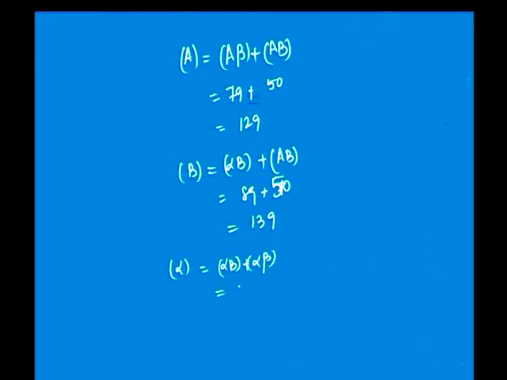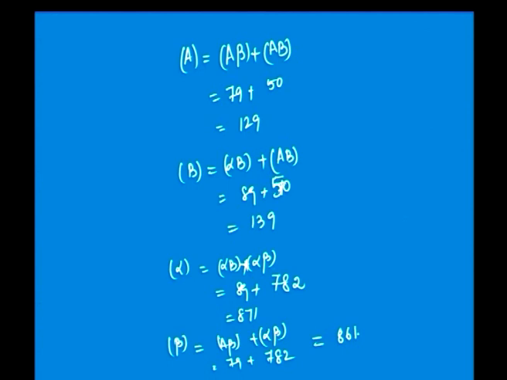Alpha B is 89, alpha beta is 782, and this value is 871. Next, you have beta value. Beta value is A beta plus alpha beta. A beta value is 79 plus 782, which is equal to 861.